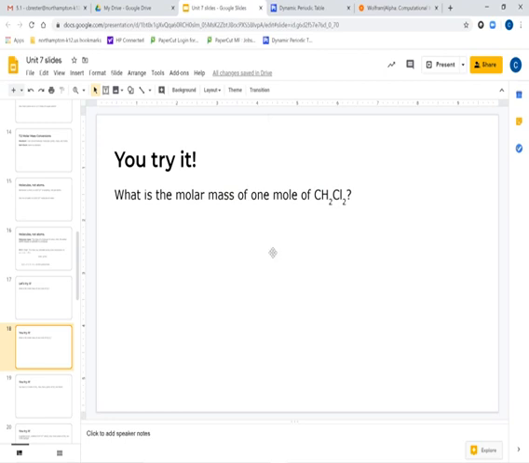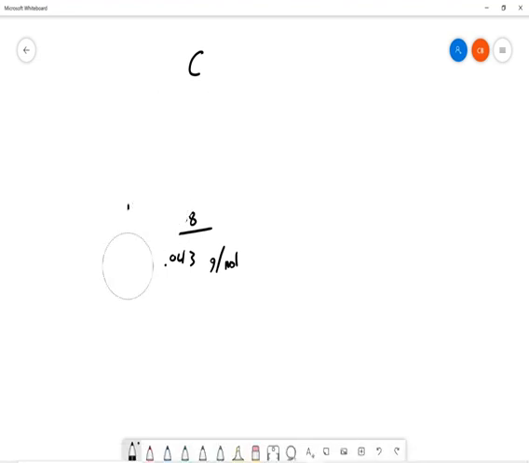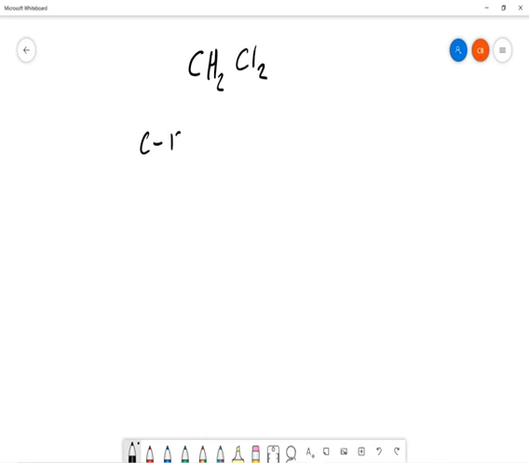So CH2Cl2, well, that's just going to be 1 carbon, 2 hydrogens, CH2, and 2 chlorines. So we have 12.011. We have 2 hydrogens, which we know are 1.008 from looking at the periodic table last problem.